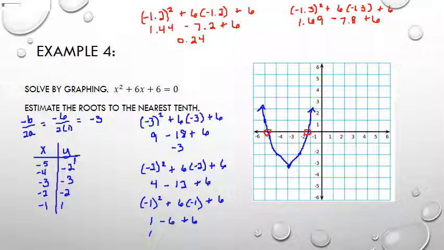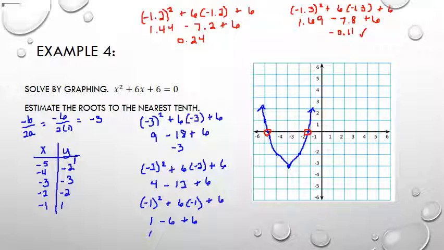And that gives us -0.11. So which number are we closer to getting to 0? The -1.2 or the -1.3? You should see that this one is closer.